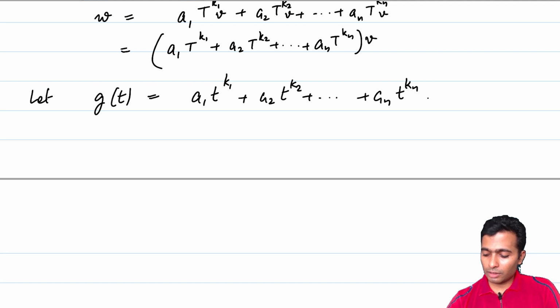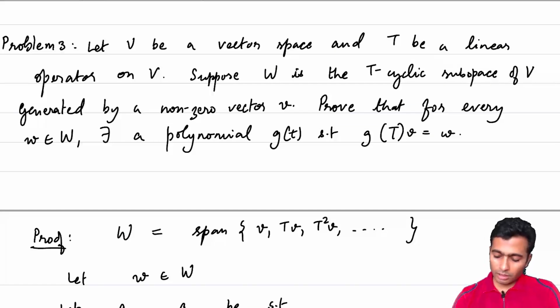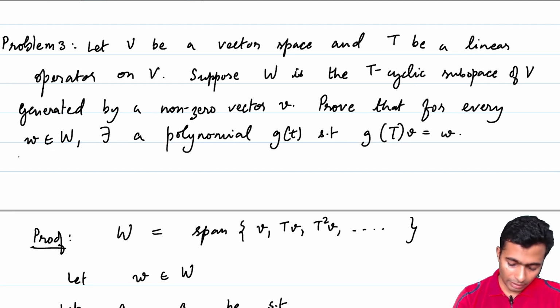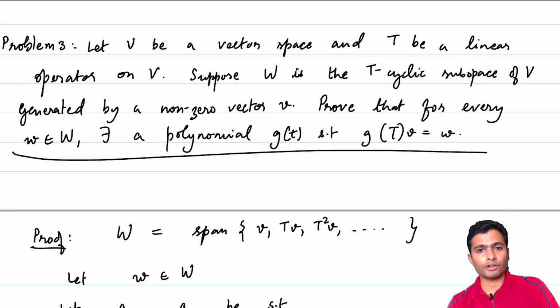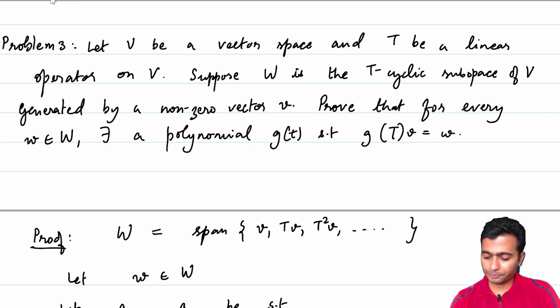Then all the conditions in the hypothesis are satisfied by g, and yes, there is a polynomial g such that g of T v is equal to w.